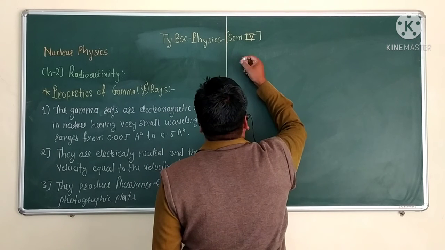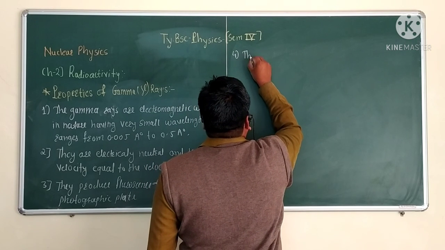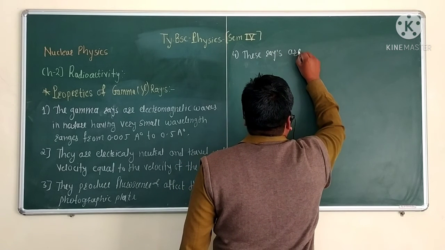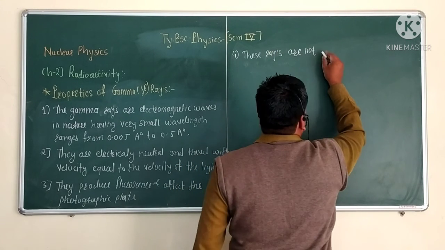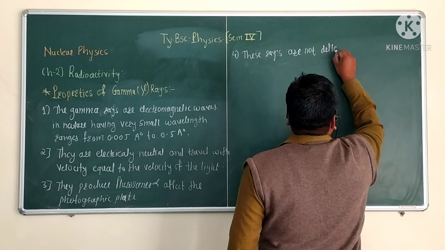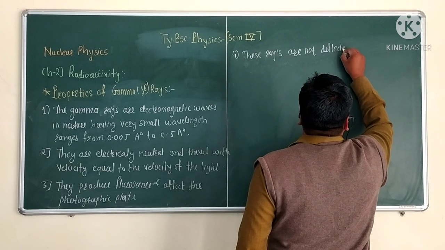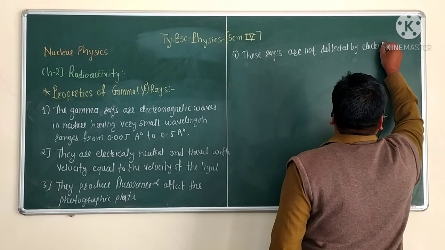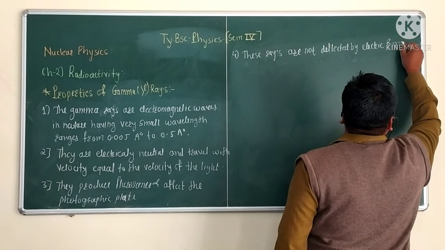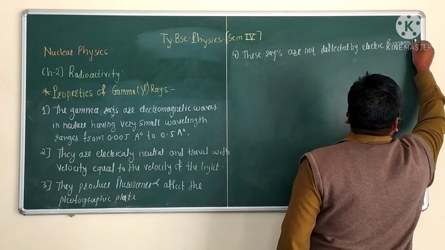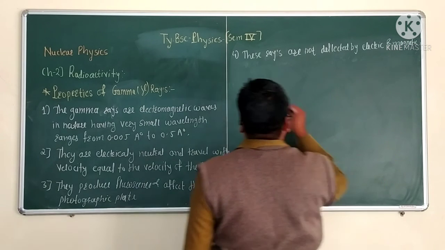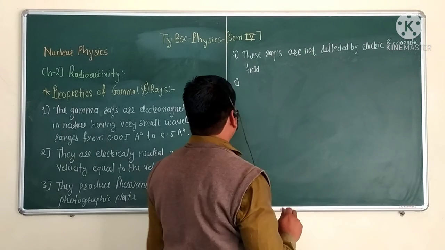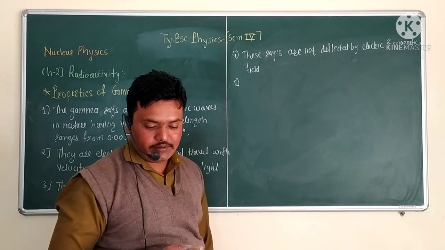So that is property number 4: these rays are not deflected by electric and magnetic fields. We already saw this in the last lecture, in the experimental study.